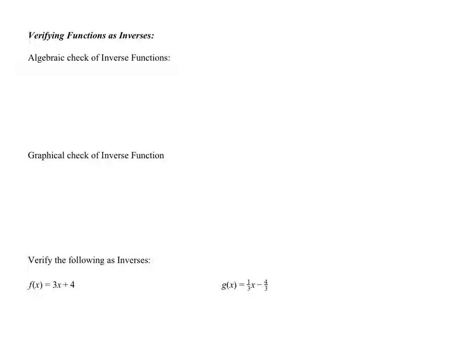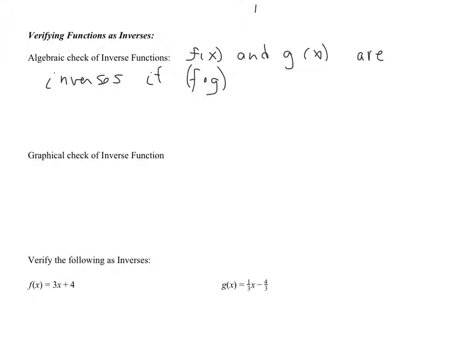Now, there are a couple of simple ways we can see if two functions are inverses. The algebraic way: we can say that f of x and g of x are inverses if f composed with g of x is the same as g composed with f of x.